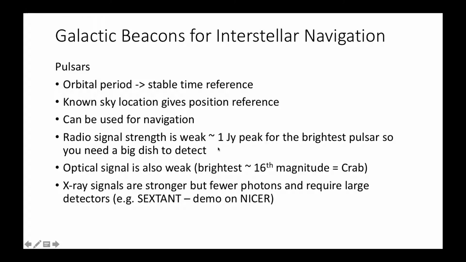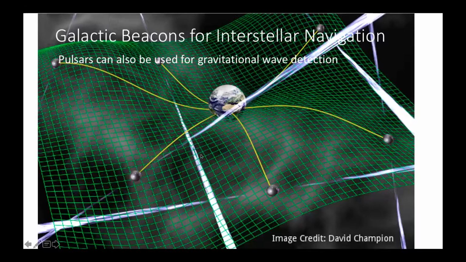there's not that many of them. The signal strength is relatively weak. So in order to detect these and use them, you actually need a fairly large antenna on board. But another comment is that artificial GPS satellites have been used for this too.